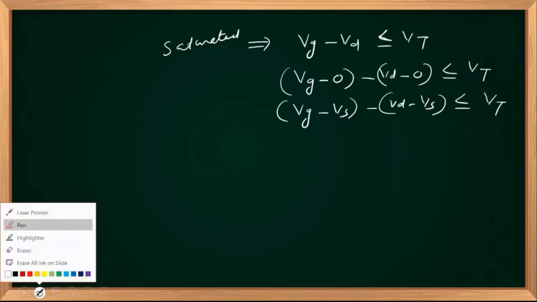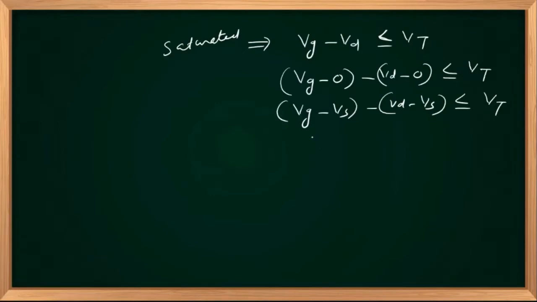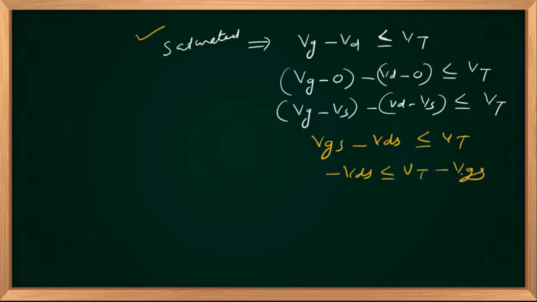For simplicity, let me mark this: Vg minus Vs is VGS, minus Vd minus Vs is VDS, less than or equal to Vt for saturation. It's quite simple. So it is nothing but minus VDS less than or equal to VT minus VGS. I am rearranging the terms, then multiplying with a negative sign.